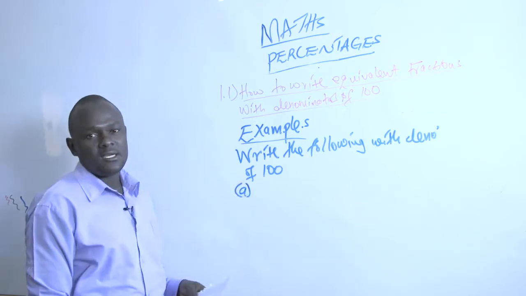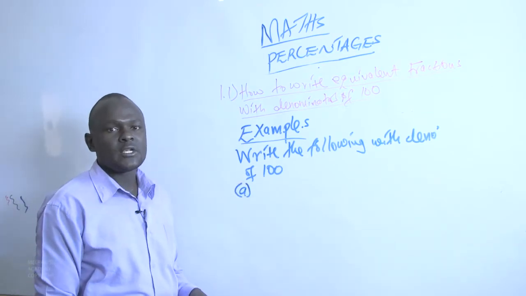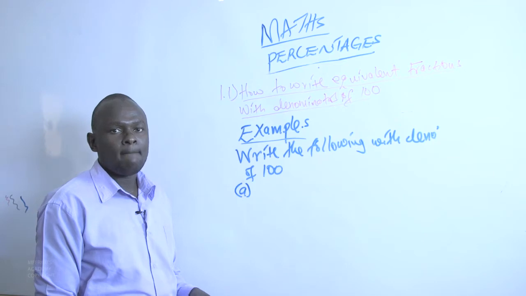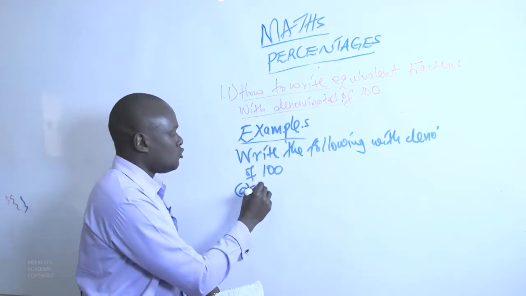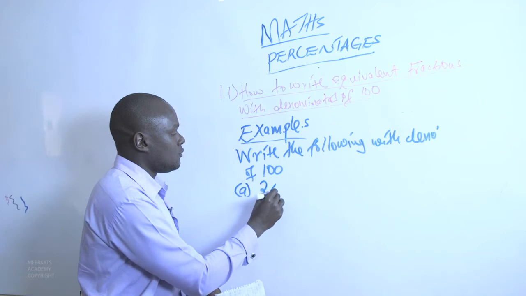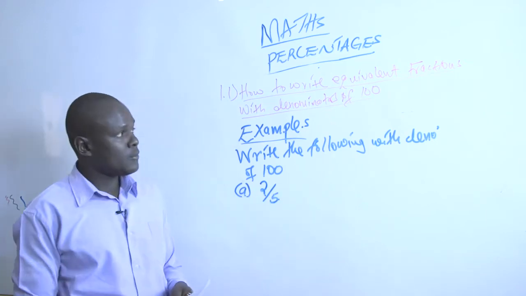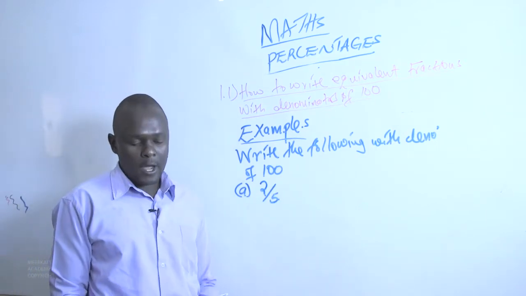And our first example, we are going to use a fraction that is 2 out of 5. Our fraction is 2 out of 5.